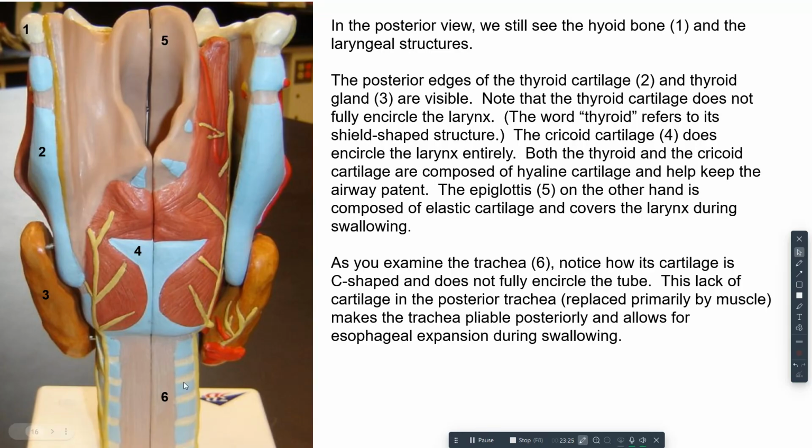The light blue, the cartilage, is on the lateral sides of the trachea and is anterior, but it's not in the back. This is going to make the trachea more flexible in the back, which means when you swallow a big mouthful of food, your esophagus can expand and actually push into the trachea a little bit, which is kind of neat. Okay, now let's cut this thing open.